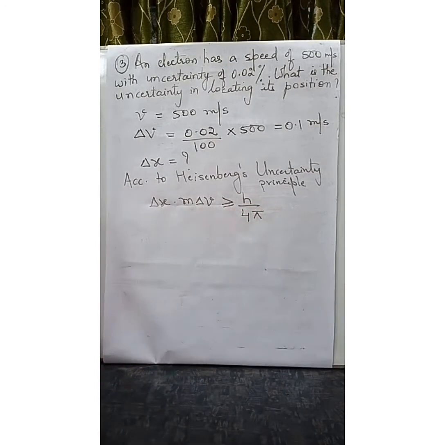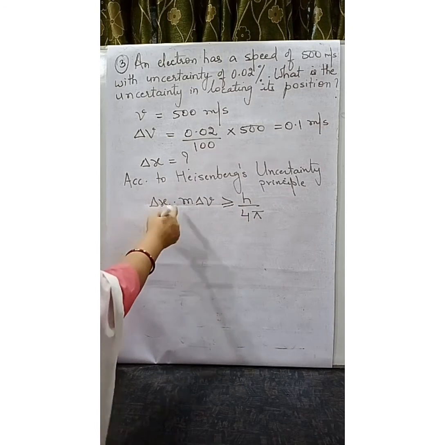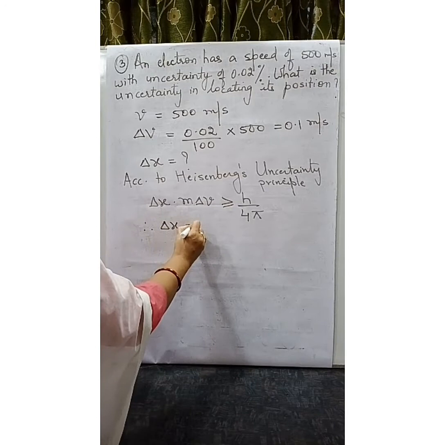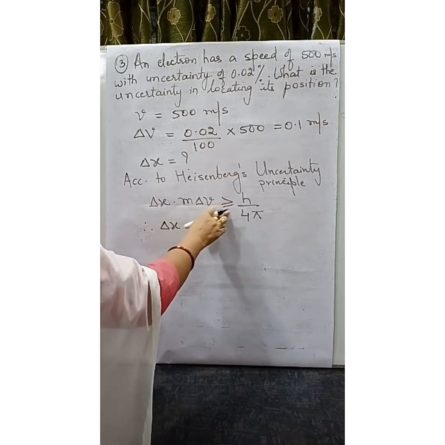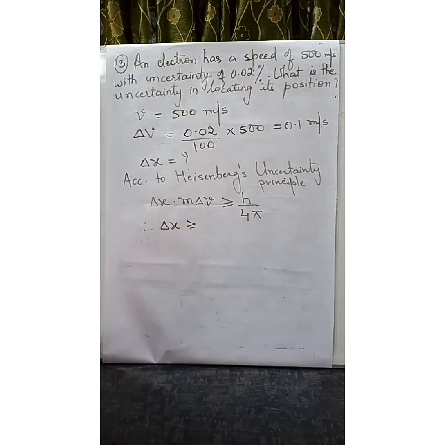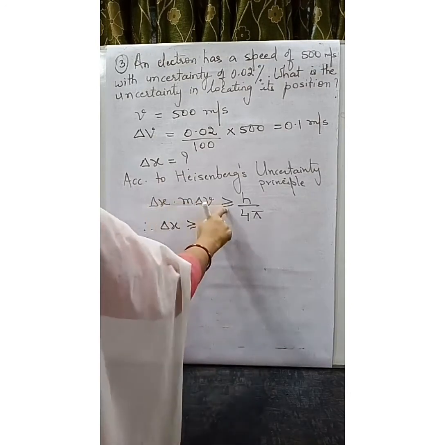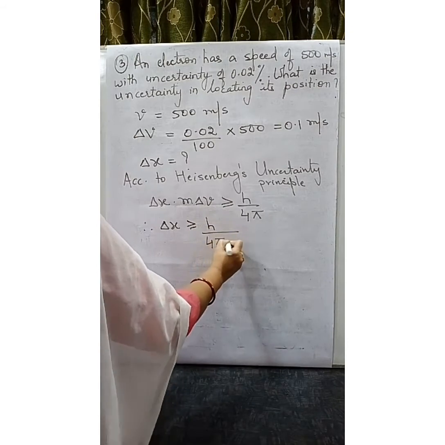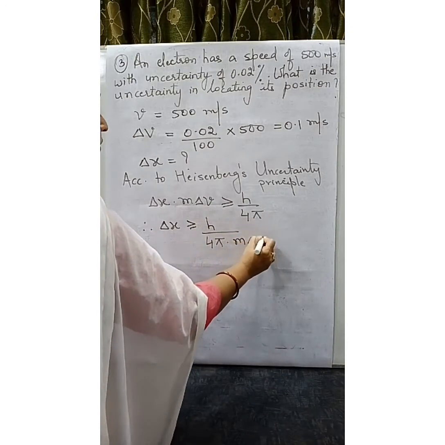This is Heisenberg's uncertainty principle. We need to calculate this delta x. Therefore, delta x is greater than or equal to h upon 4 pi into m delta v. When solving this, we can ignore the greater than sign, or you can put it, it doesn't make any difference.